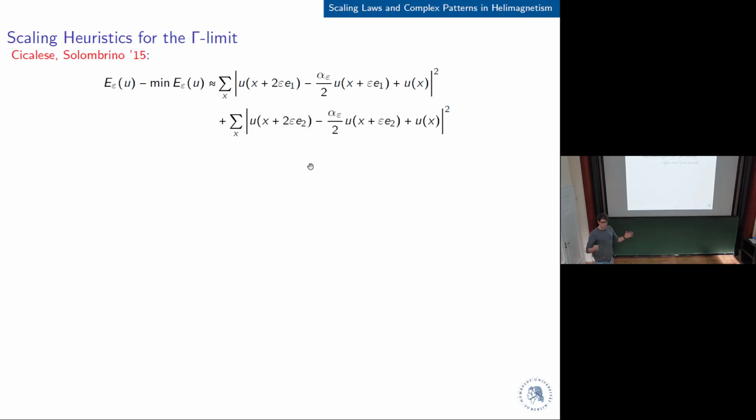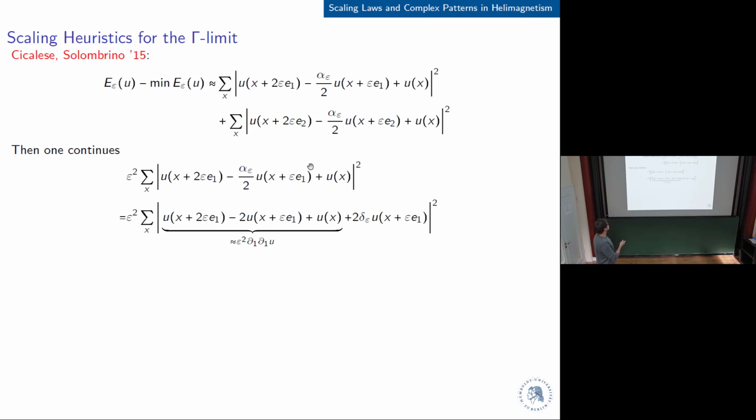Okay, and because you know these minimizers so explicitly, what Marco could do is to rewrite the energy minus its minimum in the following way, where you just have these sums over certain squares. And so now we take one of those terms, say the first one, multiply it with epsilon squared, and massage it a little bit, and try to convince you that it's close to a certain continuum model.